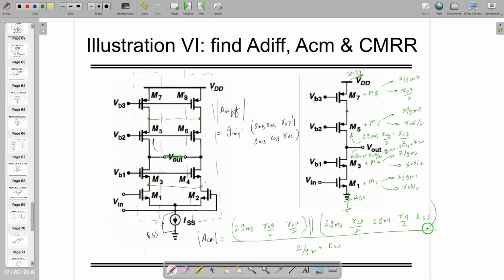Depending on which quantity is higher, of course this quantity is higher, so this side will be dropped, and this one is your common mode gain. Taking the ratio of these two is going to give you the CMR.